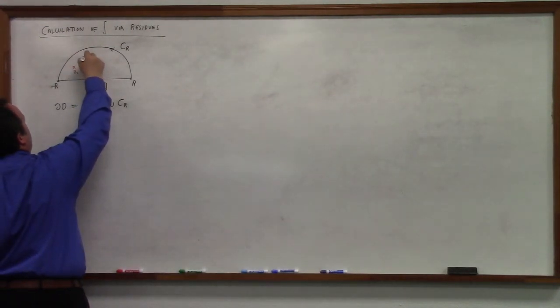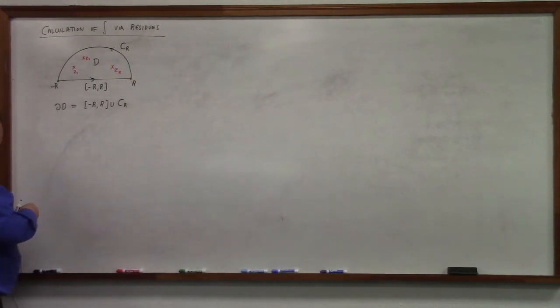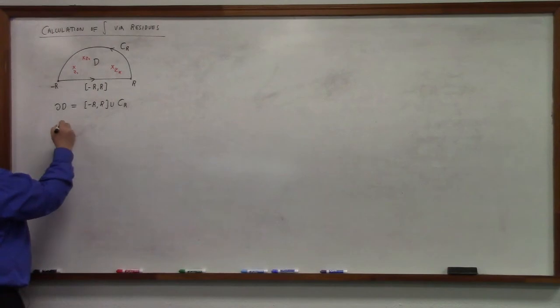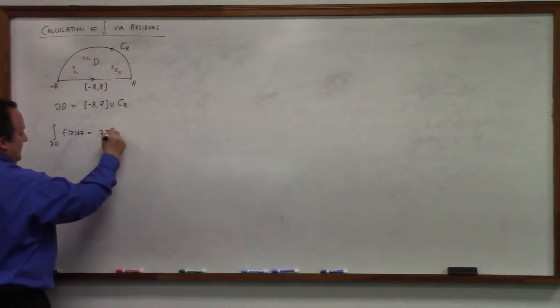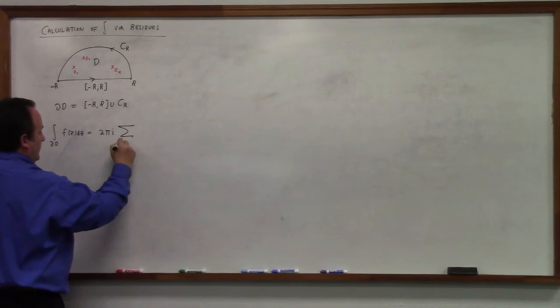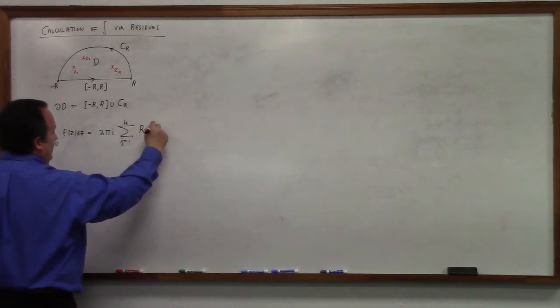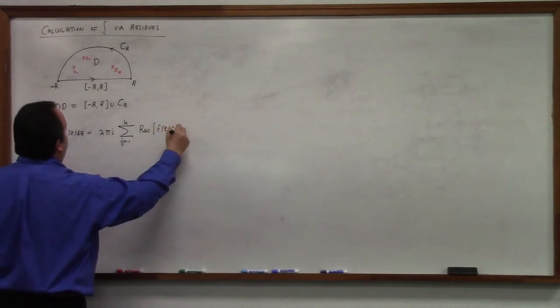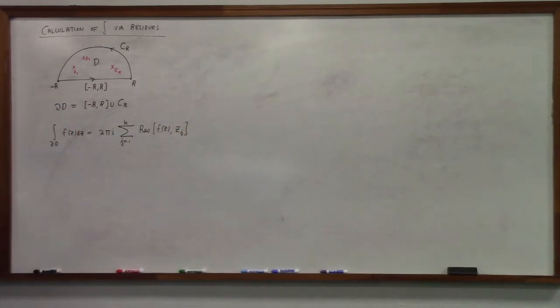We know Cauchy's residue theorem says that the integral over the boundary of D of f(z) dz is equal to 2 pi i times the sum, j equals 1 to k, of the residue of f(z) at z_j. So this is how we can calculate the integral around the boundary of D.